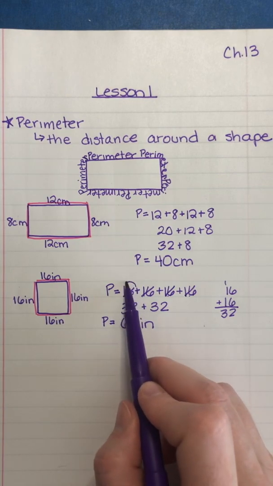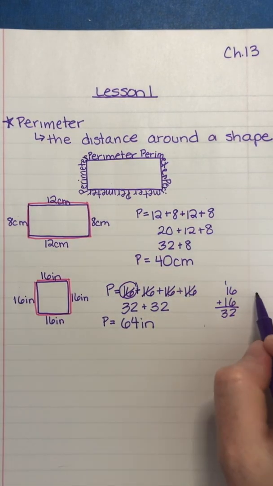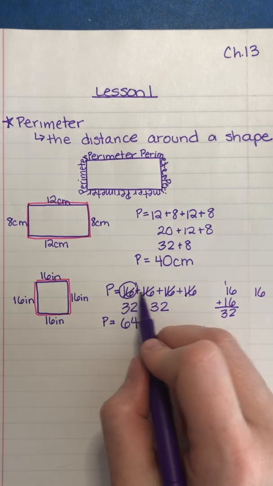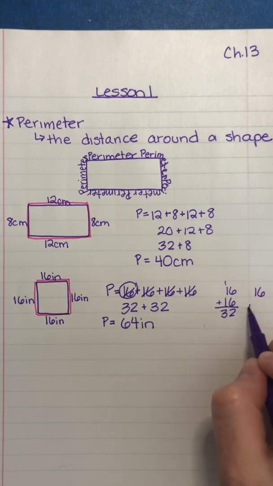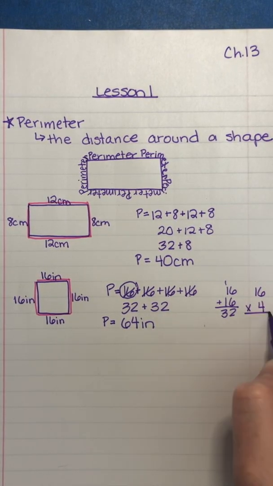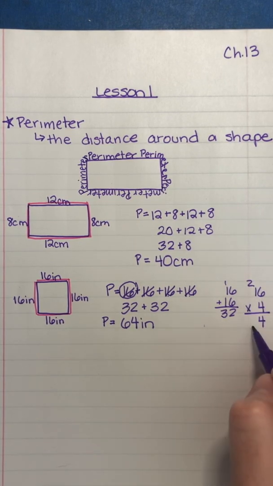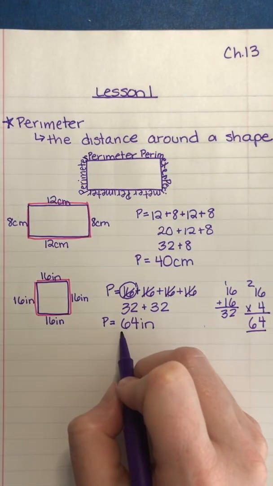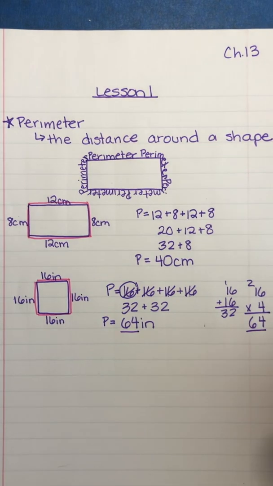So I could take my one number of 16, and I had to add that 4 times, which means I can do 16 times 4. 6 times 4 is 24. 4 times 1 is 4, plus 2 is 6. Oh, so 64 matches 64. So if you're dealing with a square, that could also be a possibility if you didn't want to add all 4 sides since they're the same.